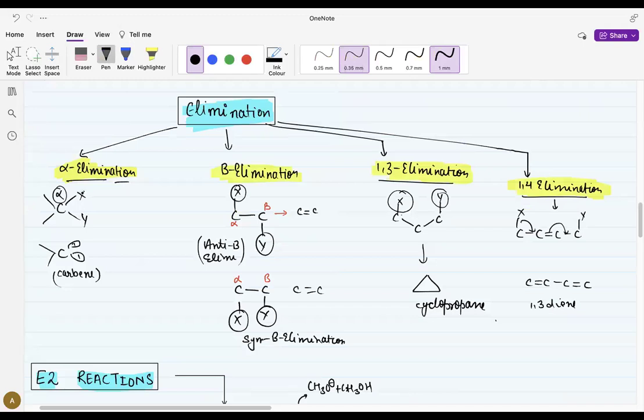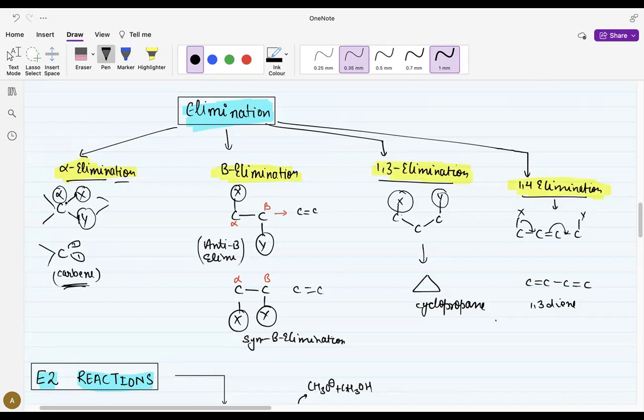Alpha means, let's say I have to remove X and Y, both of these atoms from alpha carbon to which they are attached. So these X and Y are attached on only a single carbon. So this is known as alpha elimination. If X takes its electron and goes away and Y also takes its electron and goes away, both are removed, we will get carbene as intermediate.